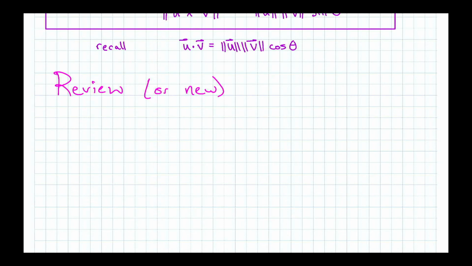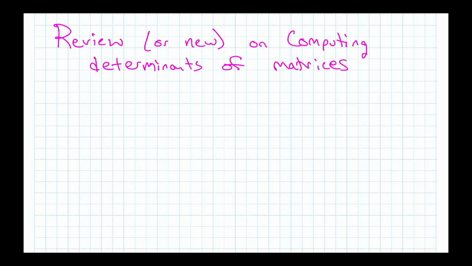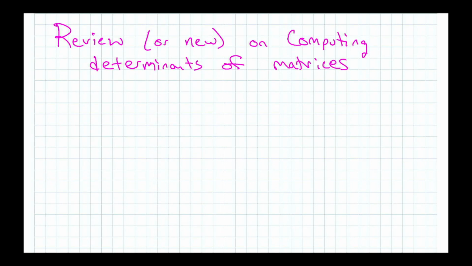Computing determinants of matrices. Now, you don't actually have to know anything about matrices really to do this. A 2x2 matrix has a certain determinant. A matrix is usually written with square brackets.